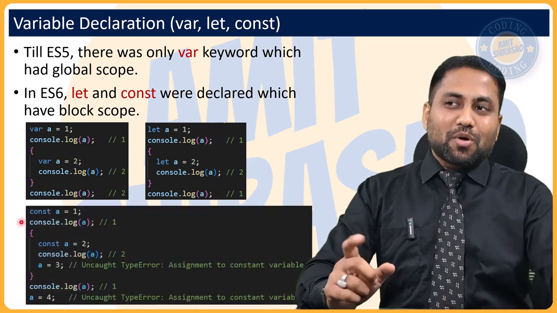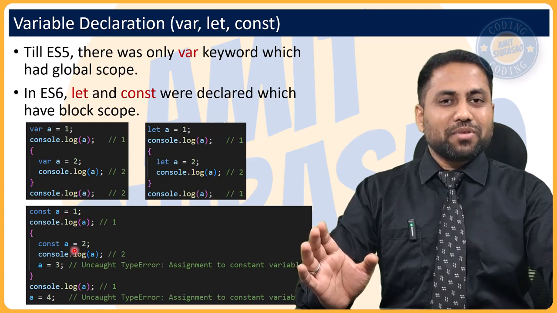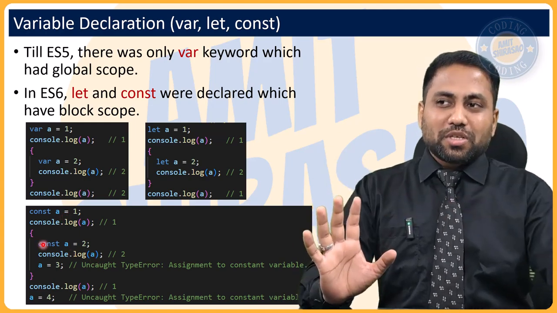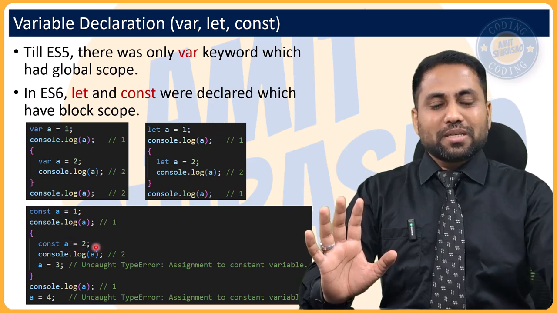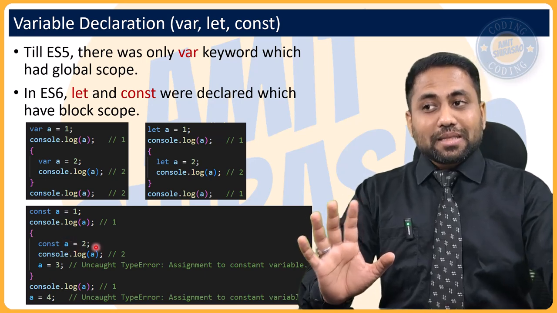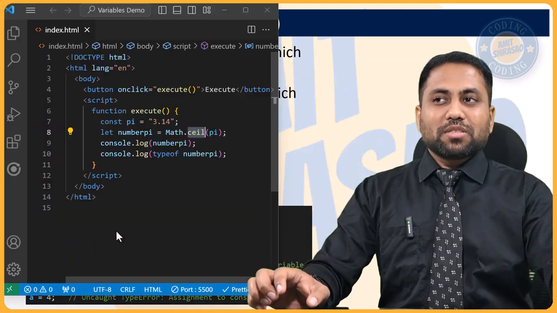Now how about const? Even in the case of const, you have block scope only. So here if you try to have const a equal to 2, it will allow you to have it. But const is very tricky.